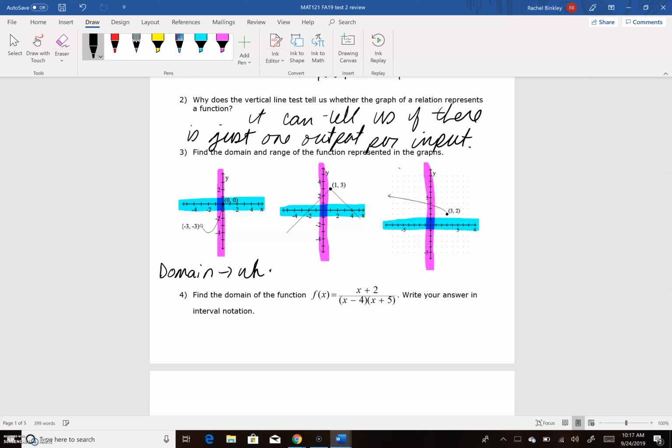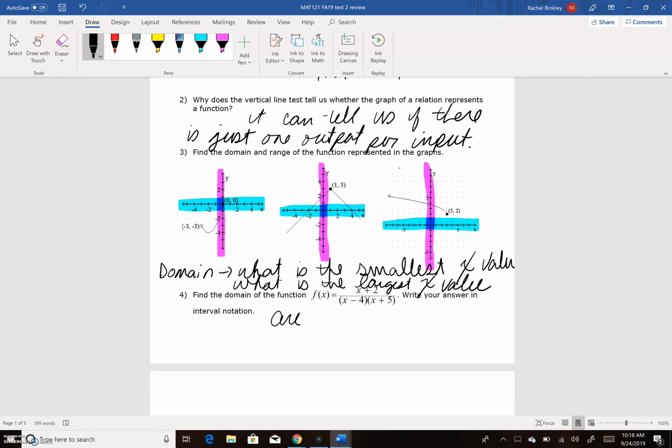So what is the smallest x value? And then what is the largest x value? And then, are there any breaks?